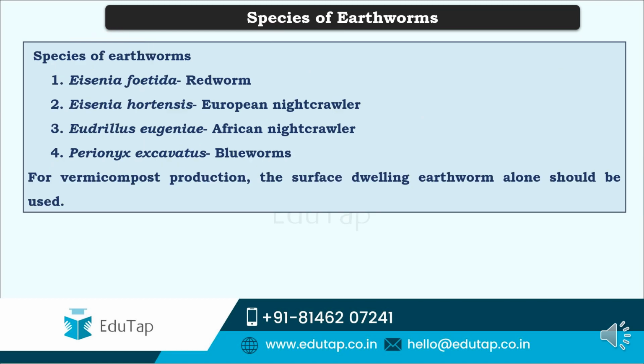So friends, next comes which kind of species of earthworms can be used for this vermicomposting process. For vermicompost production, only surface dwelling earthworms should be used. These are the four major species commonly used.